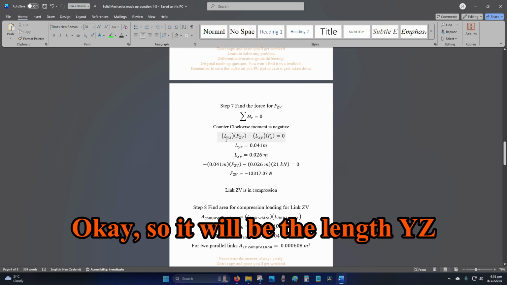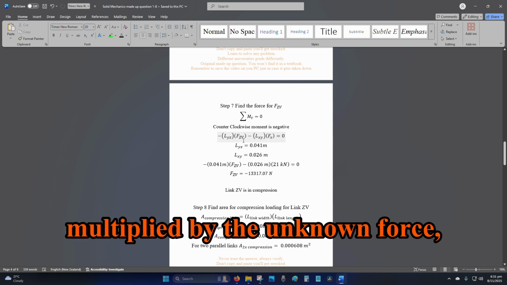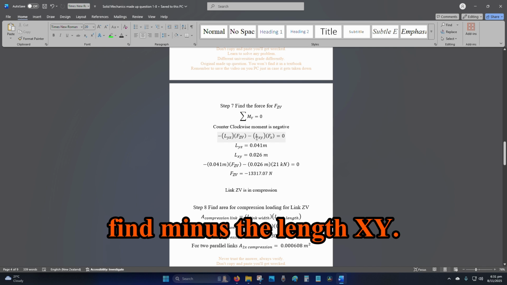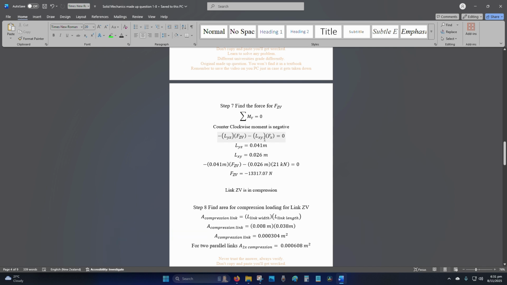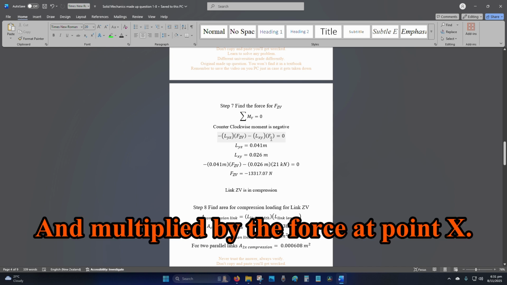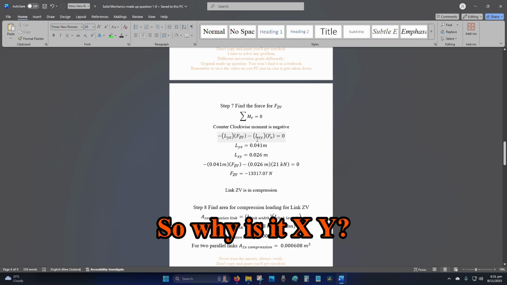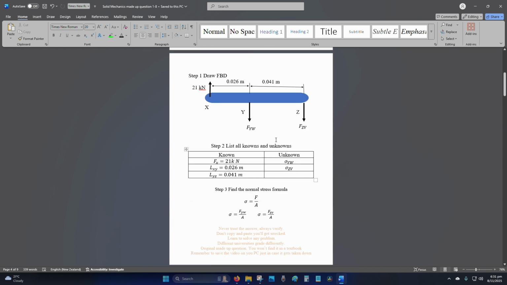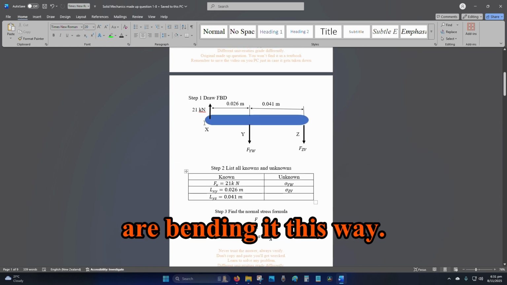So it will be the length YZ multiplied by the unknown force, which we're trying to find, minus the length XY multiplied by the force at point X. So why is it XY? As you can see, we are bending it this way.